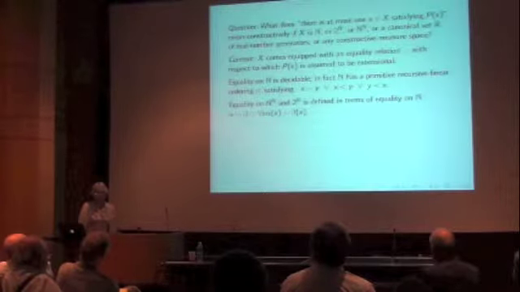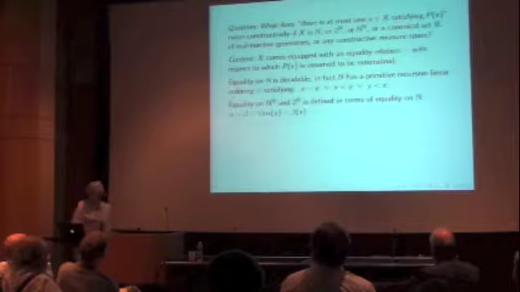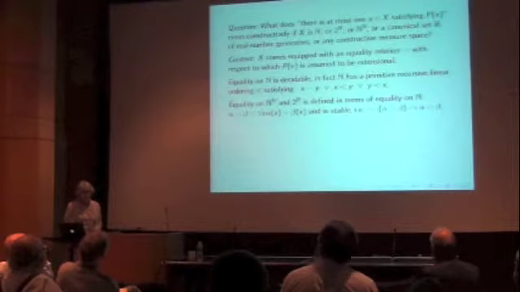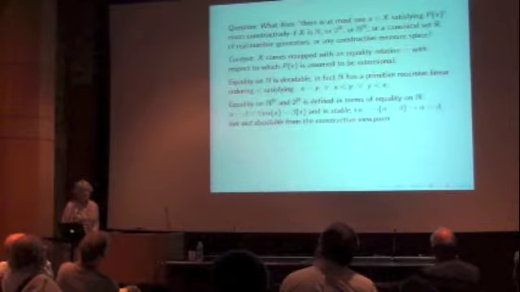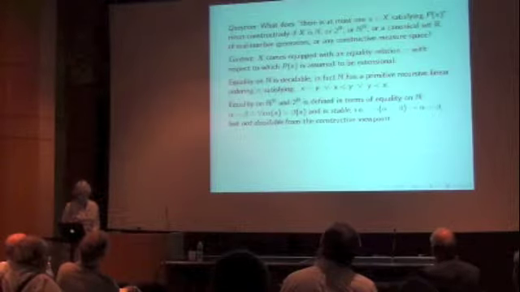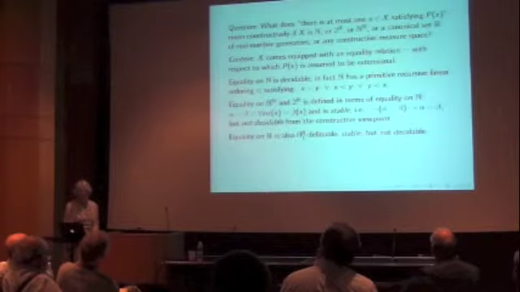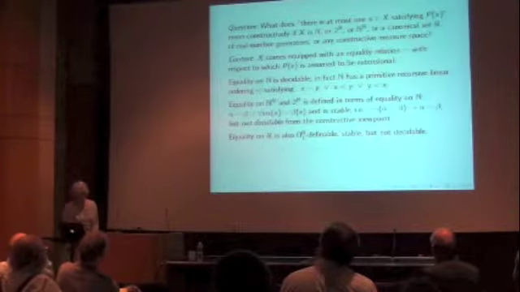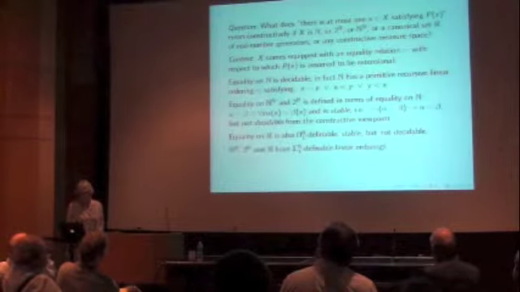Equality on Baire space and Cantor space is defined extensionally in terms of equality on the natural numbers, and is stable, but not decidable from the constructive standpoint. Equality on R is also Pi^0_1 definable because we're taking canonical representatives of the real numbers, and stable, but not decidable.